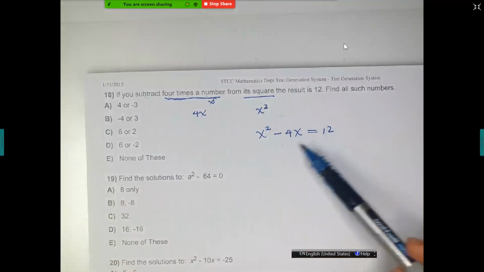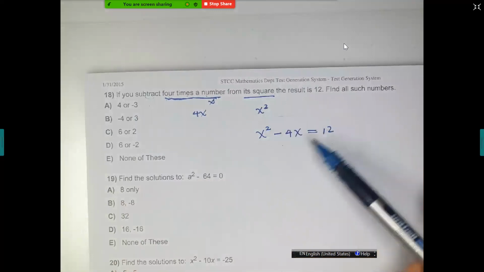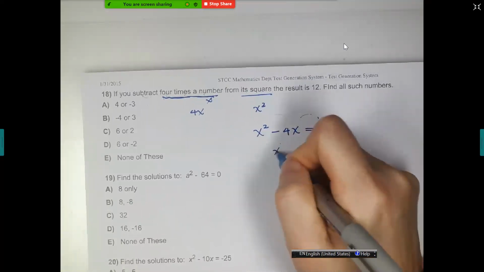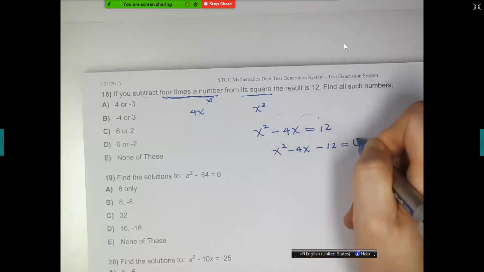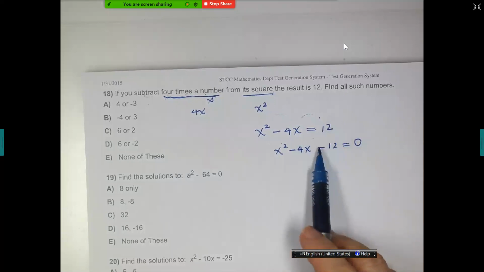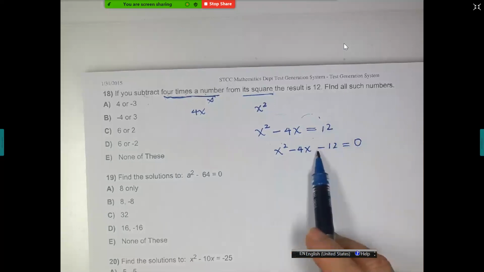What do I get? I get a quadratic equation now. What do I do next? I will solve it by moving that 12 to the left side. I get x squared minus 4x minus 12 equals 0. So it's not in standard form. Turn this into standard form. Then try to factor the left side, no GCF. What do we get?